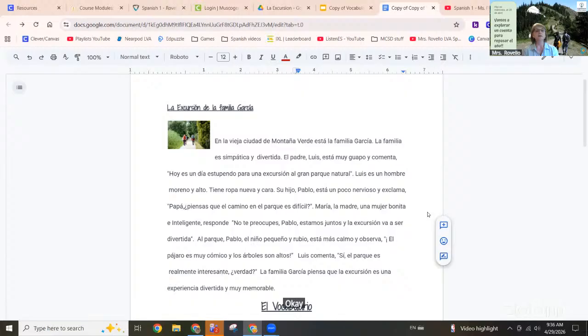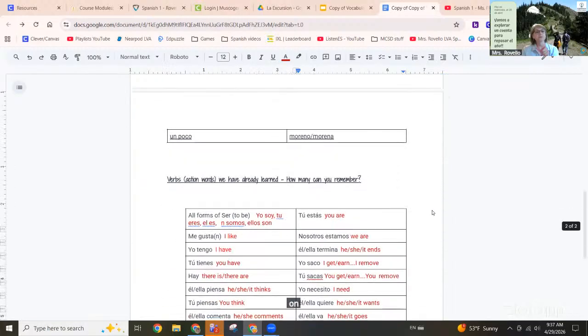Okay. Here's how we're going to close out today. In the chat from the story, can you find for me 2 words that you recognize that were not in the vocab lists on the sheet?